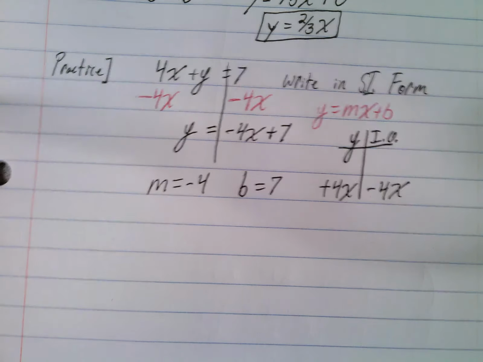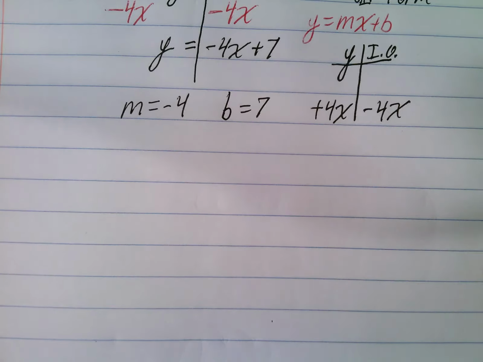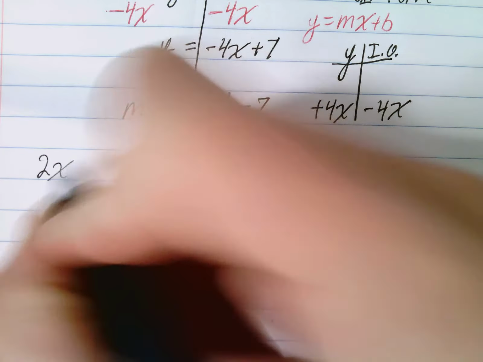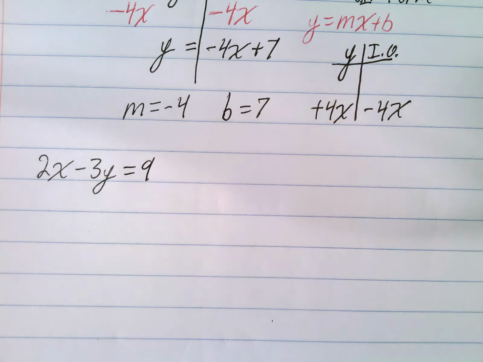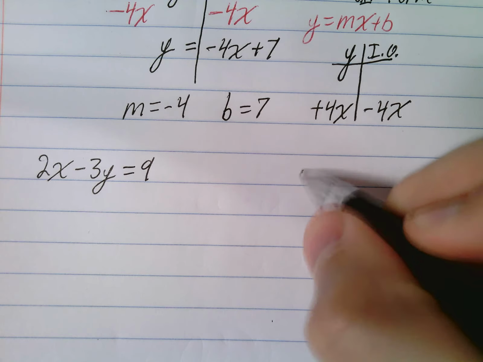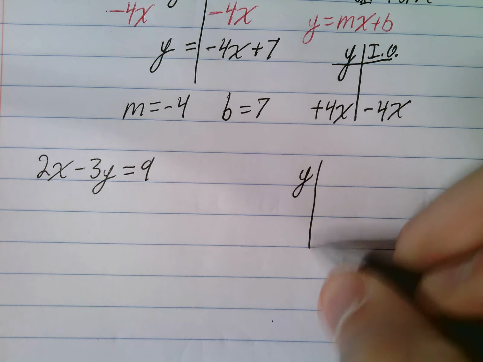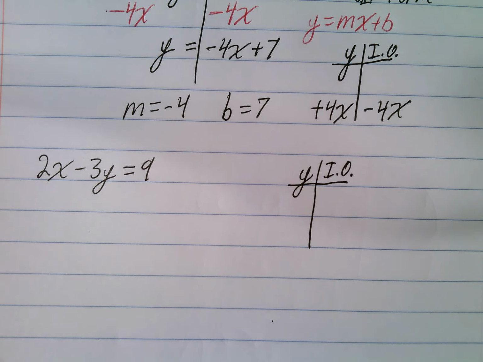Let's try one that looks like this: 2x minus 3y equals 9. Again, we're writing it in slope-intercept form, so we can use our inverse operation table if you like. What's the first thing that I do to y?